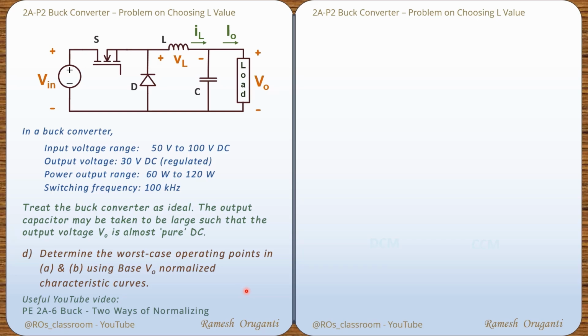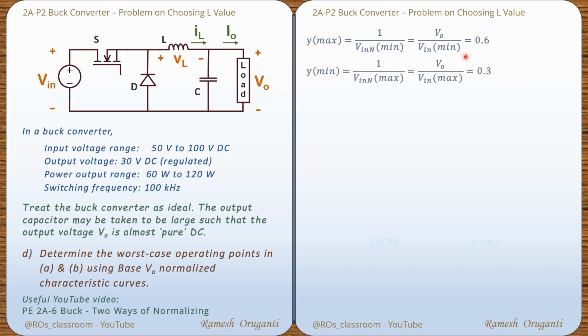So Y max we just now found equals 1 over V in N minimum, that is equal to V0 by V in minimum, that is equal to 0.6. We also found Y min that equals 1 over V in N maximum, that equals V0 by V in maximum, that equals 0.3. We also found the ratio between the normalized currents, ION max by ION min, equal to 2.